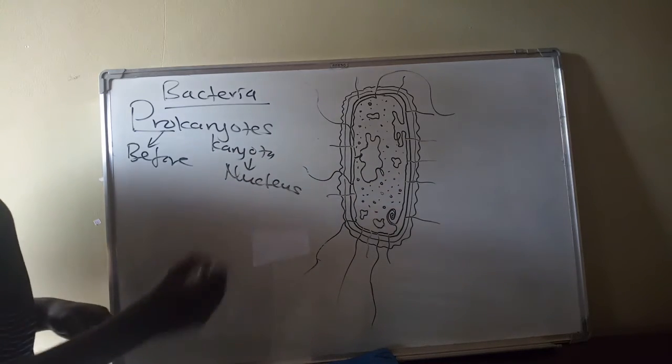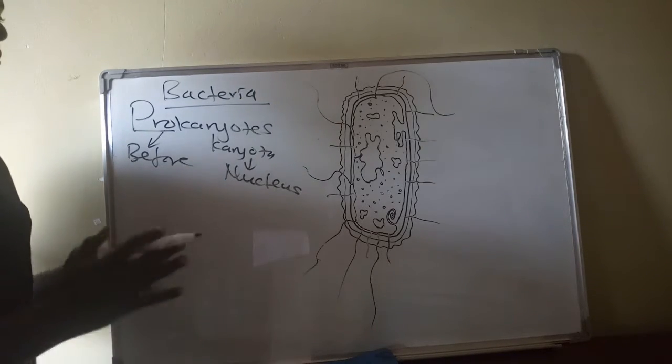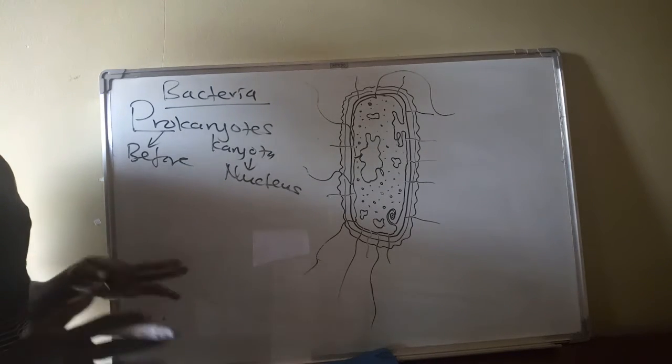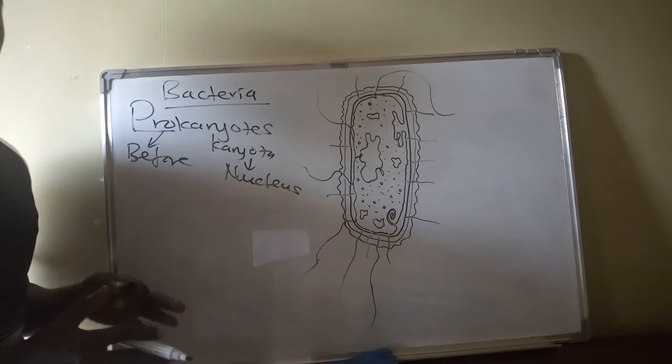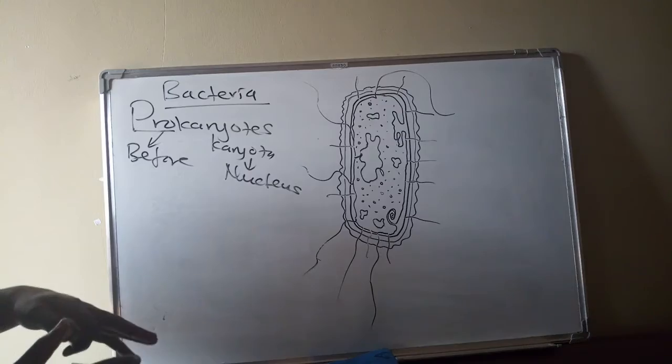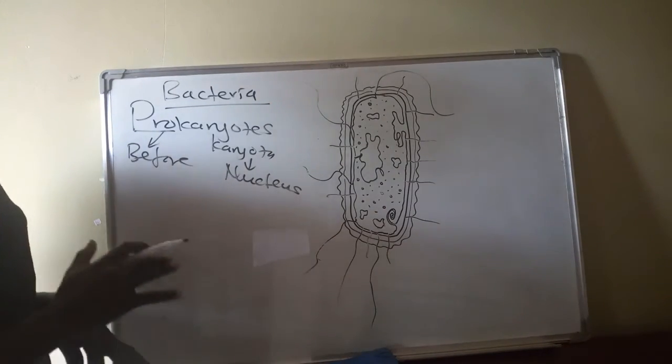In simple terms, these organisms have a primitive or underdeveloped nucleus. Their nucleus doesn't have a nuclear envelope, and several organelles in these organisms are not membrane bound.